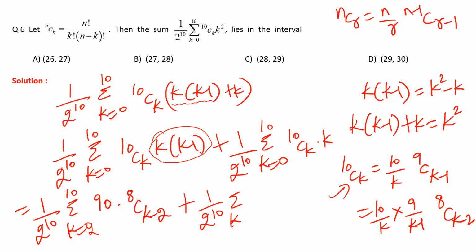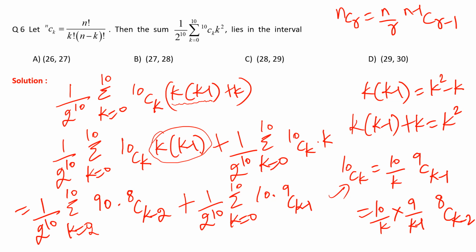Now we'll be repeating the same process in the second term also. But here we are just going to write 10Ck as 10 upon k into 9C(k minus 1) because we have to just cancel out this k only. So now it will become 10 into 9C(k minus 1). Fine. I think it should be clear till here.